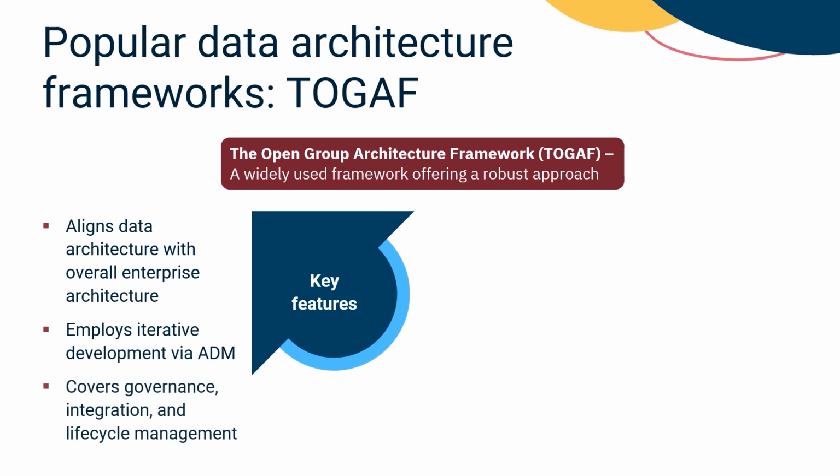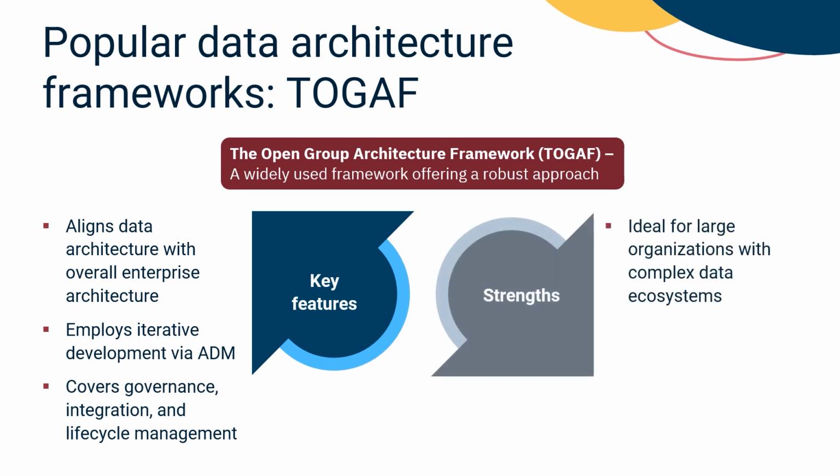Further, it covers all aspects of data management, including governance, integration, and lifecycle management. The strengths of this framework lie in its suitability for large organizations with complex data ecosystems and its ability to align IT and business objectives effectively via structured processes.